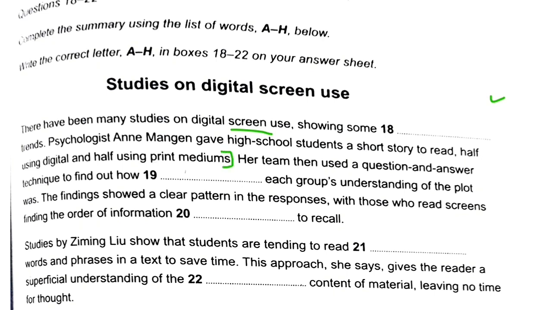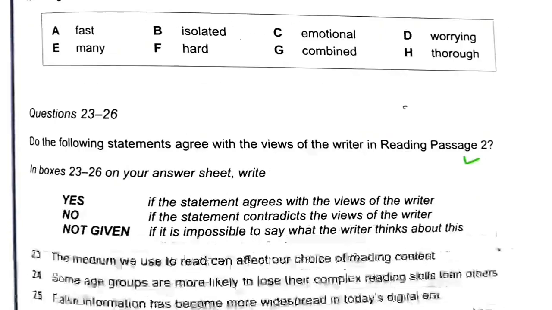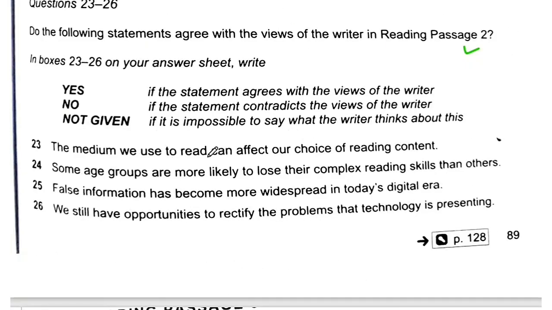This is your second question, dealing with screen use. You can see the heading, studies on digital screen use. Then we have: the medium we use to read can affect our choice of reading content. Will the medium affect the reading content? So this is the question here.